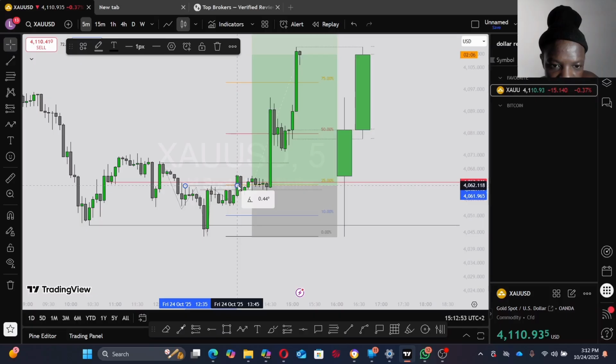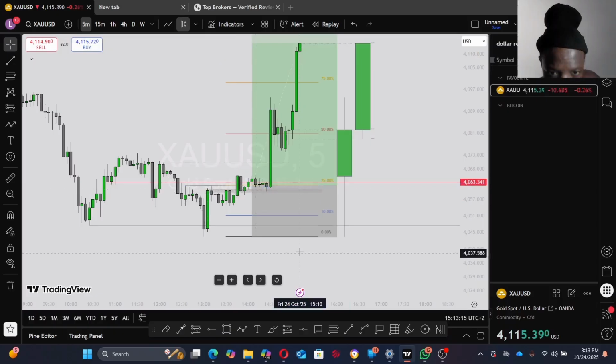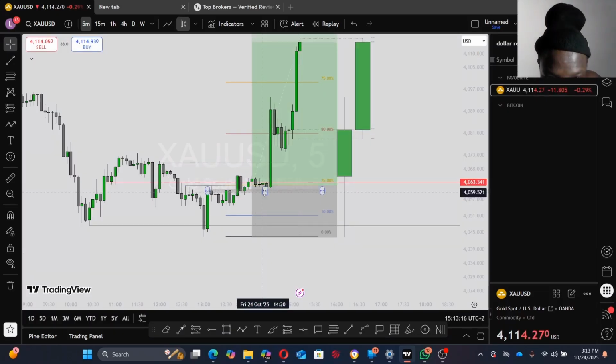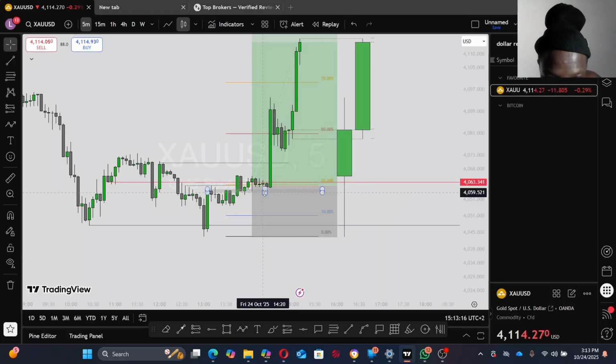After that, I waited for the market to come back to this area right about here, this order block. But I like to drag it to here to give it more context. So we got our entry right about there, and I closed my position right about here, because remember, we trade until the 10% of price.